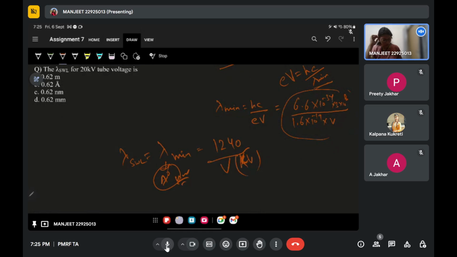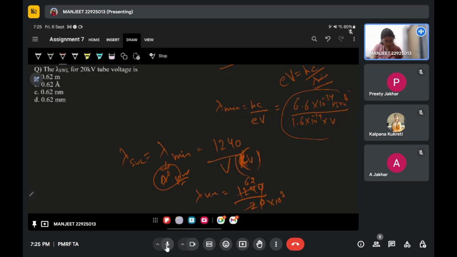If you substitute this value, this will be the lambda in nanometer, 1240 divided by the 20. So this will cancel, and this will give you the 62. This is the wavelength in the kilo, this is in the volt, so there is 10 raised to power 3 here also.